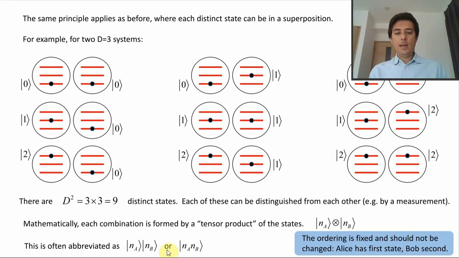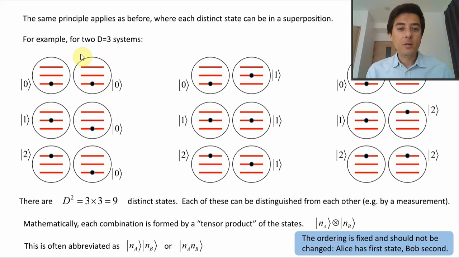And I'll even sometimes write it this way, where we have NA and NB inside the same state. The reason I can do that is that each one of these combinations is a particular quantum state, right?